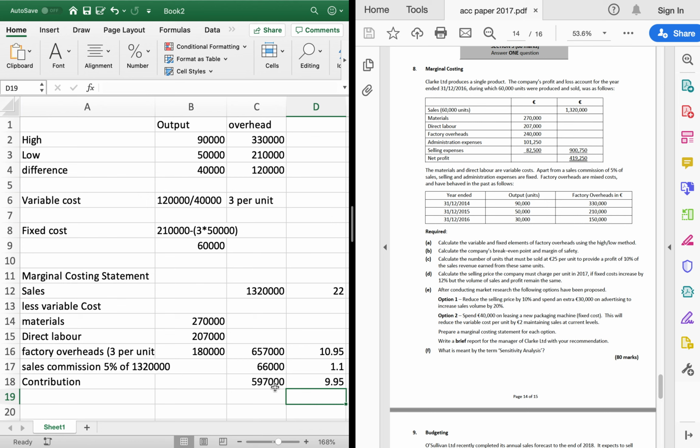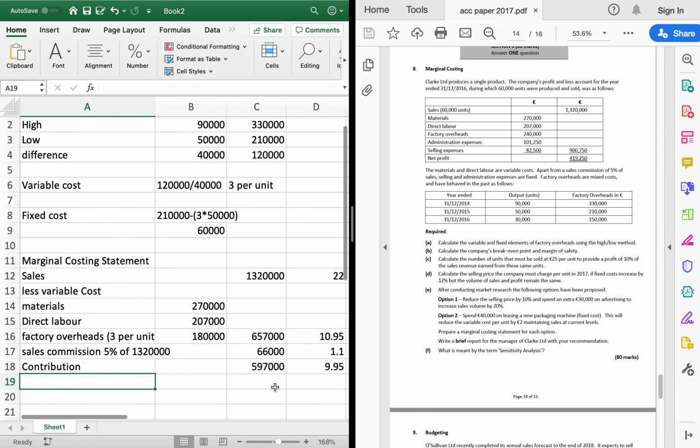Okay, so the fixed cost then, that contribution per unit is going to be quite important. The fixed costs, we've got none of material, none of direct labour, but some of our factory overheads. We worked it out to be 60,000.